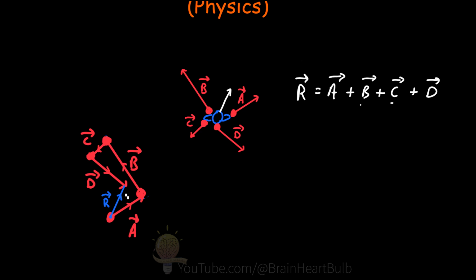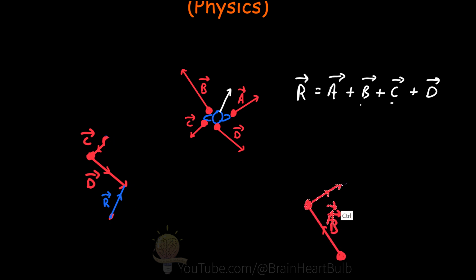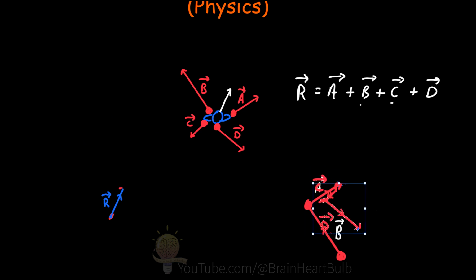We will still have this resultant vector here, at this angle, at this distance. And here you've got the resultant vector pointing from the start to the tip of the final vector, and it's the same direction and the same length.